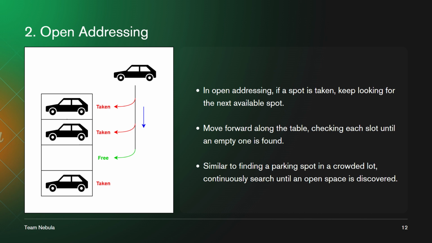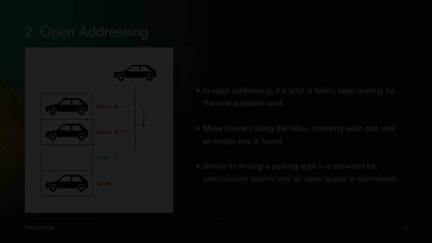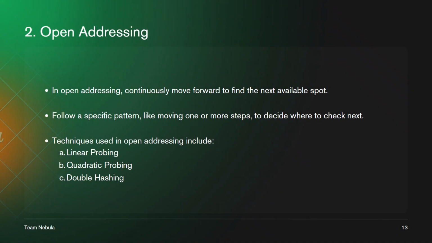Think of it like looking for a parking spot in a crowded parking lot. You drive along, checking each spot until you find an empty one where you can park your car. Now, there are a couple of ways to do this open addressing. You can simply keep moving forward and filling up the next empty spot you find.